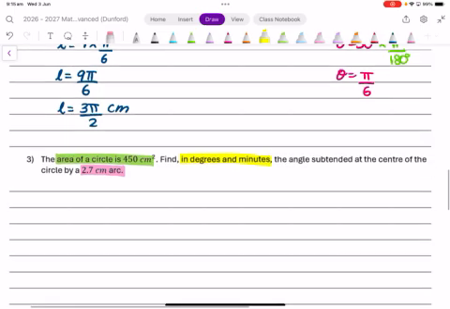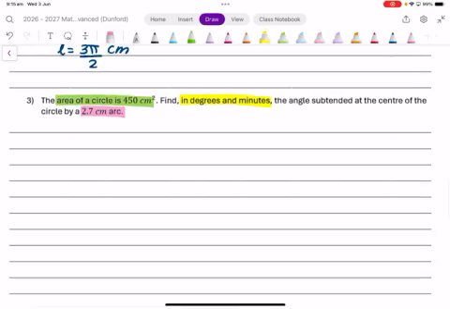The first thing that we're told is our area of a circle, so A equals 450 centimetres squared. The area of a circle formula is something that you should have stored in your memory bank. Does anyone remember it? It is pi r squared.